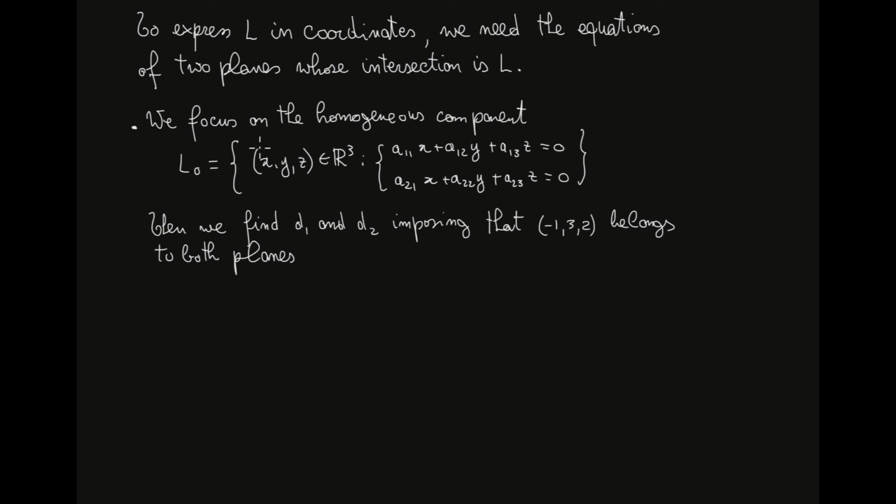L0, the homogeneous component, has the same expression as L, except that in the defining equations there are no constant terms, just the variable parts. Then we find d1 and d2, which are the constant terms, by imposing that the vector (-1, 3, 2) belongs to both planes. This was one of the conditions given in the example.